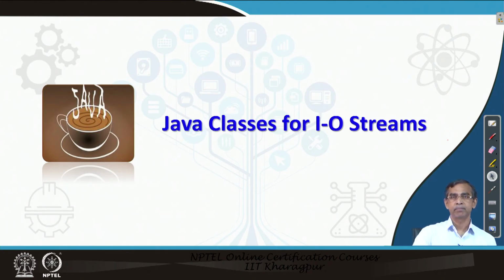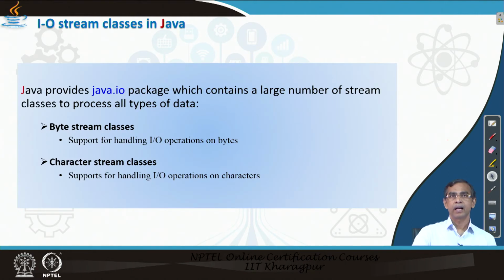Right. Now, let us come to the discussion about the Java classes for input output streams. As I told you, whether input or output, whatever it is, we can simply consider either byte stream or character stream. Byte stream means the input flow, from the source to the program, is in the form of raw data, raw bytes.